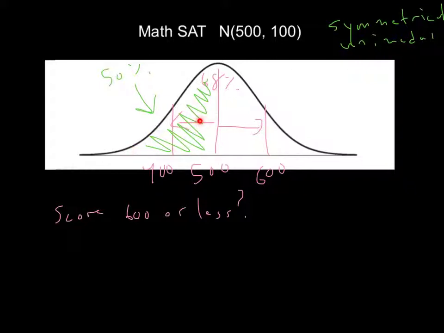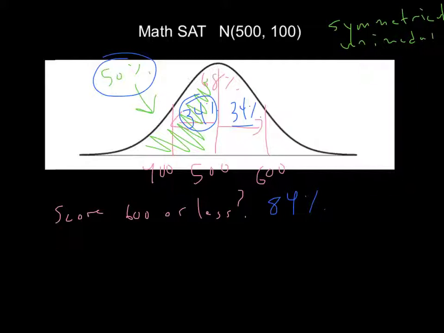So if 68% starts from the center and works its way out, half that 68 is over here. So half of 68 is, of course, 34. So that 34% is split on both sides. Now this 34% is already included in the 50%. So all we need to do is add the additional 34. Simply stated, 84% of kids get a 600 or less.